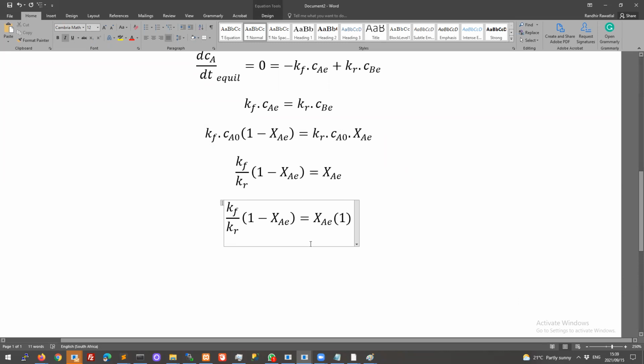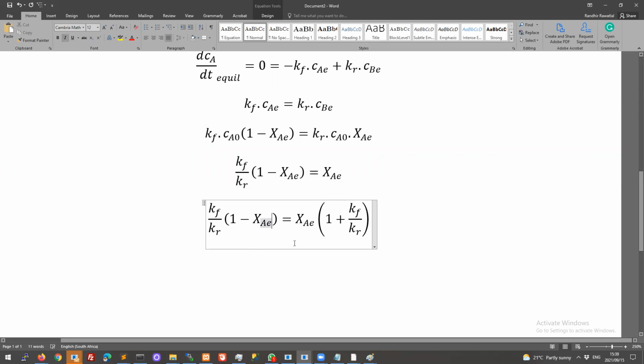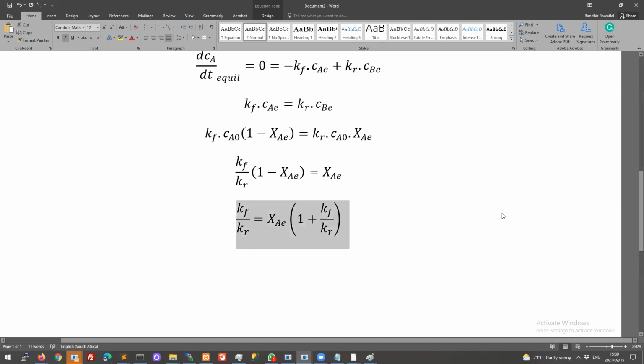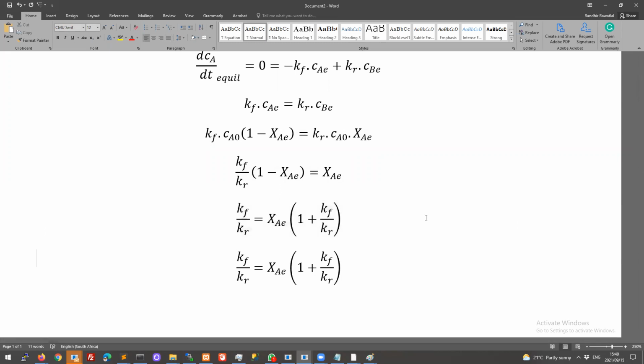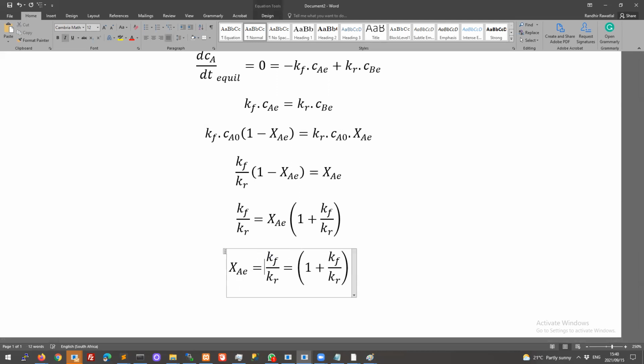And then we're going to bring this across here. So this is going to be plus KF over KR. And so we've gotten rid of this term. And so then we have just left over 1 times this, which is that, right? And so we can say here XAE equals this thing divided by this thing.